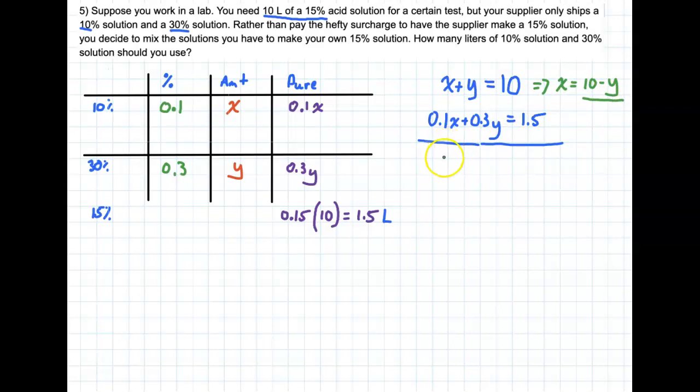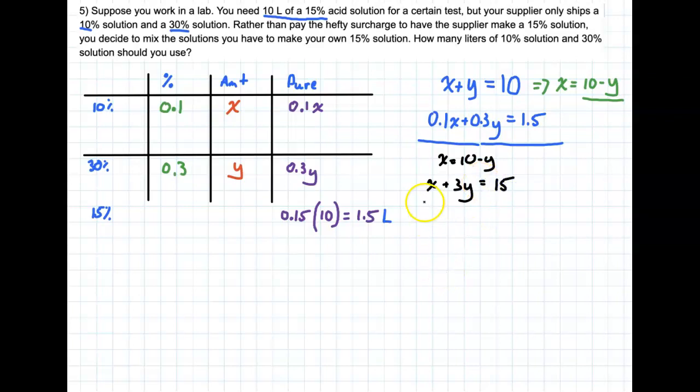Before I do that, I want to rewrite this equation so that it doesn't have any decimals in it. Again, I don't have to do that, but I just like to do that. So x is equal to 10 minus y. And then we've got the other equation, x plus 3y. Really what I'm doing is multiplying this all by 10. Is equal to 15.